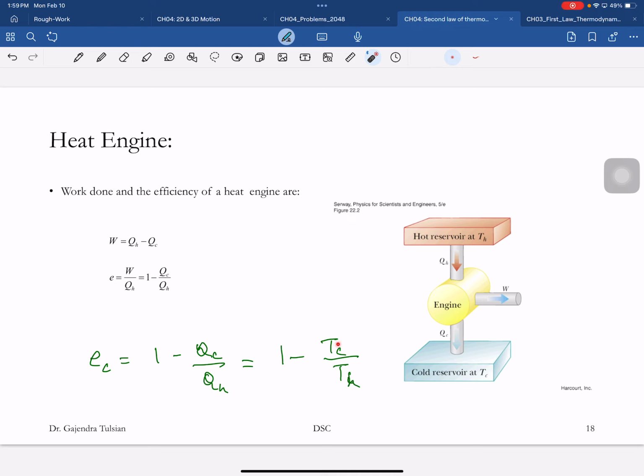This is the cold temperature, the temperature at which you're dumping out your exhaust heat, and this is the temperature at which you're absorbing the heat. Okay. So for instance, if you wanted an efficiency of 1, you can absorb heat from an infinite temperature reservoir.